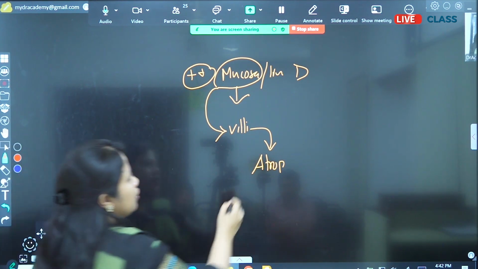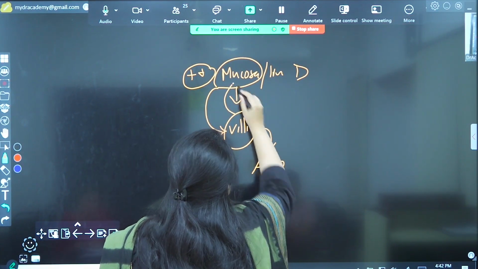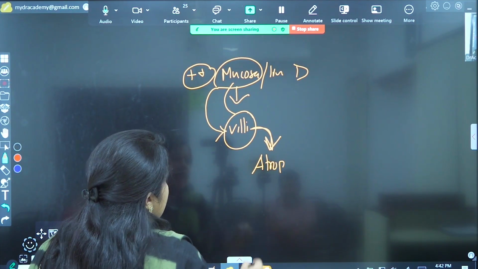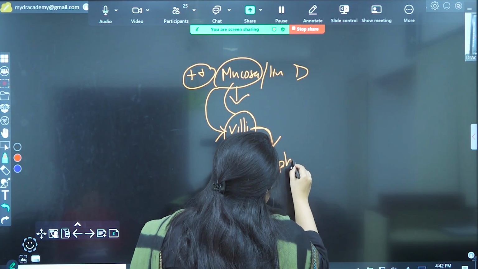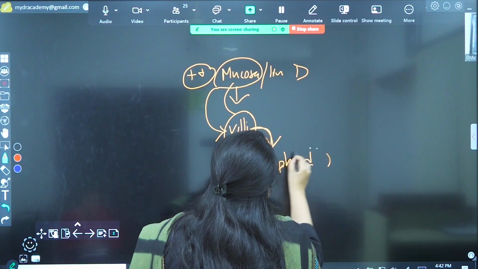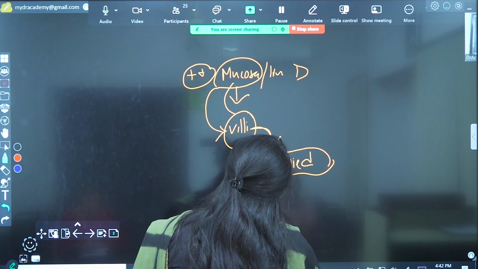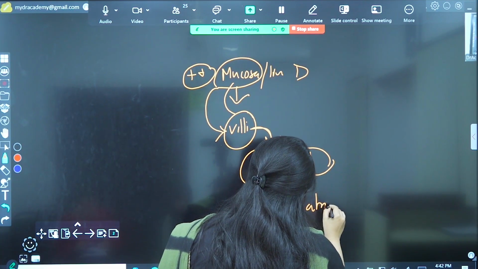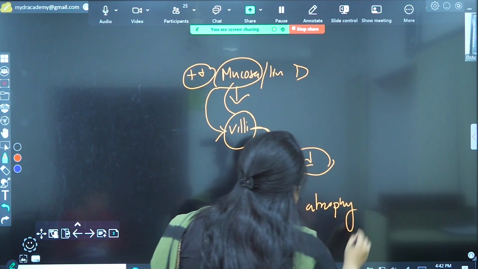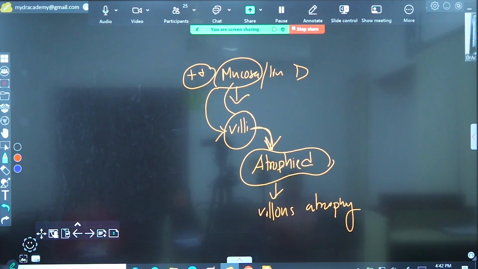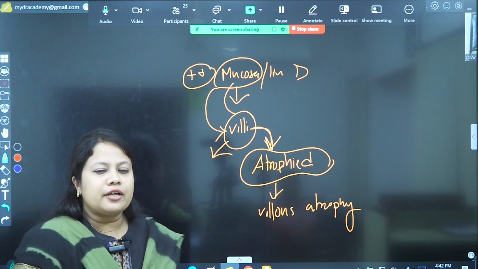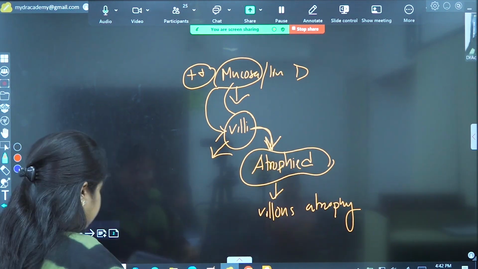So the villi-containing mucosa faces the continuous type 4 hypersensitivity reaction and ultimately it is atrophied. This is called villus atrophy. Okay, is this clear up to here? Now tell me, what are villi and what is their function? What does villus atrophy mean?